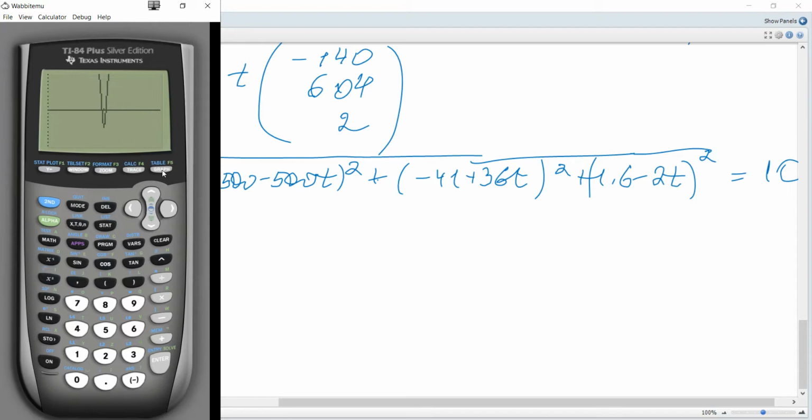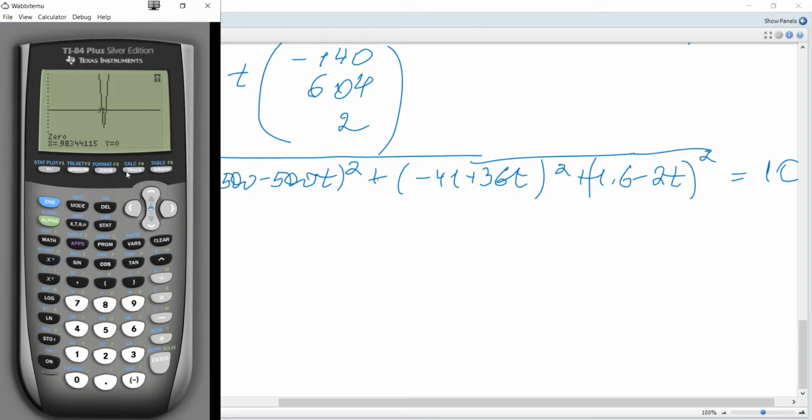And we can see the graph, and I need 0, so I choose calc 0, left bound, and right bound, enter, guess, enter. So the first root is 0.983, and do the same for this point.